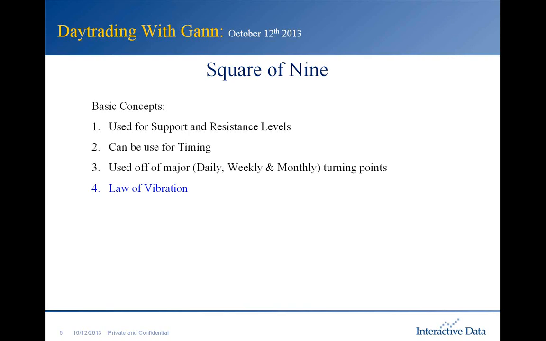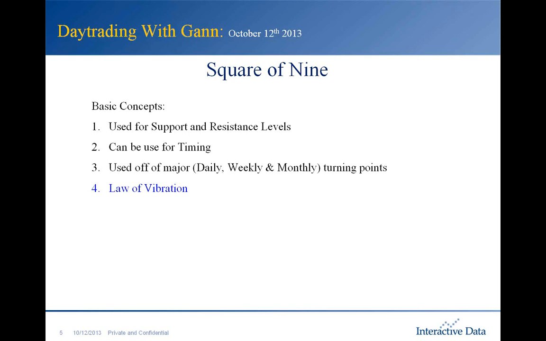If you throw a very small rock, you get very small ripples. But if you throw a large rock, it will generate very large ripples. The same kind of idea is appropriate for the square of 9. The bigger the rock, in this case the time frame, daily, weekly, and monthly charts, the bigger the vibrations, the bigger the ripples that we will see in the market. So think about that particular piece of it.